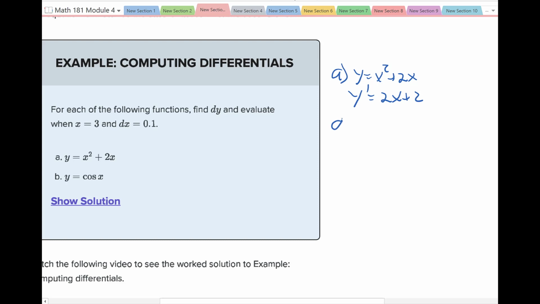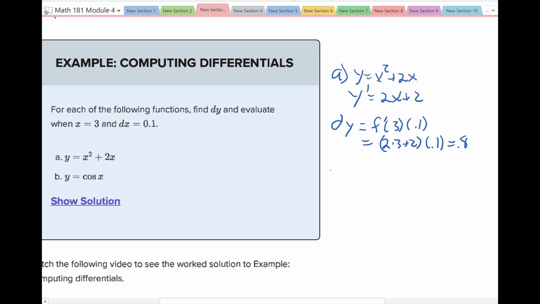So dy, that small change, would be f prime of 3 times that small change, the dx is 0.1. So that's going to be 2 times 3 plus 2, times 0.1, which is 0.8.